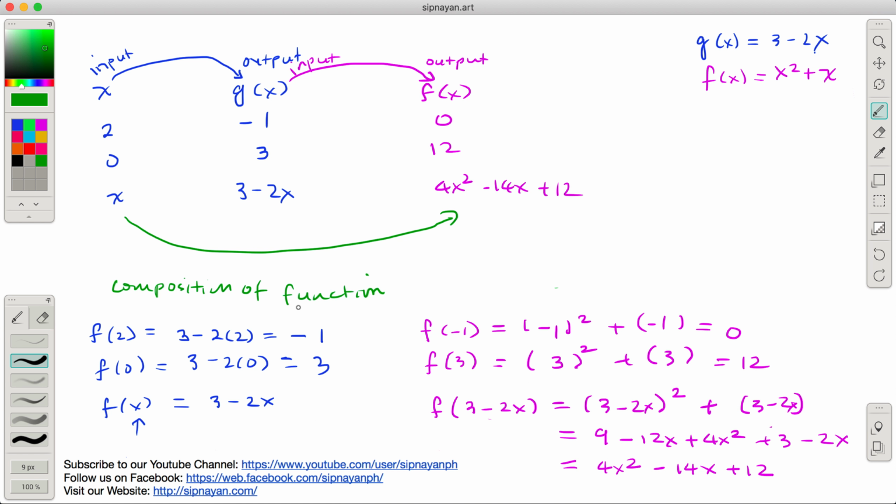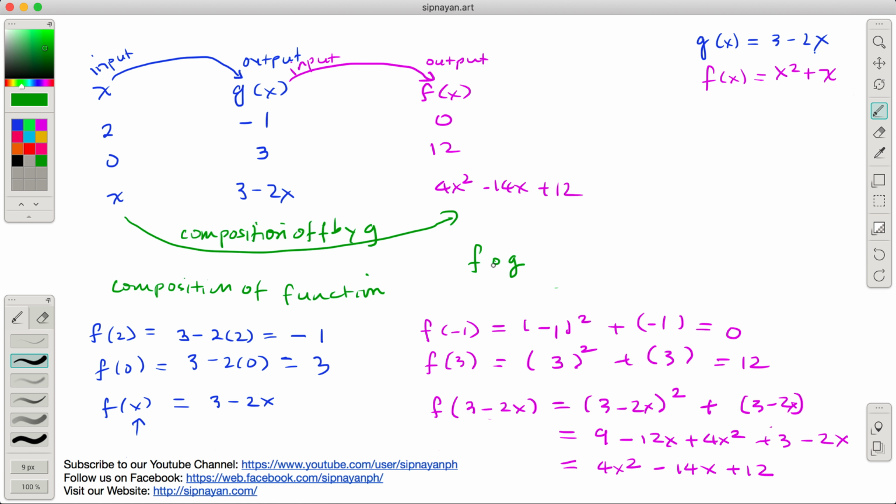And in particular, this is called the composition of f by g. Kasi yung f ko dito, actually, ang input ko na sa kanya ay hindi na yung x, but actually the g of x. So, ang ating notation dyan ay f, the composition of f by g.